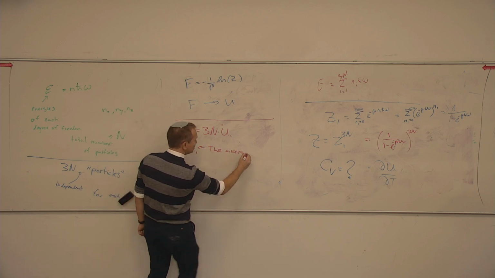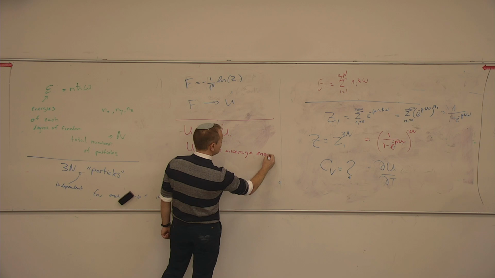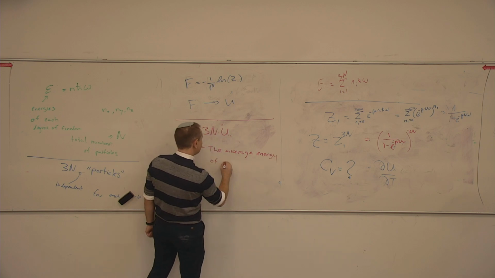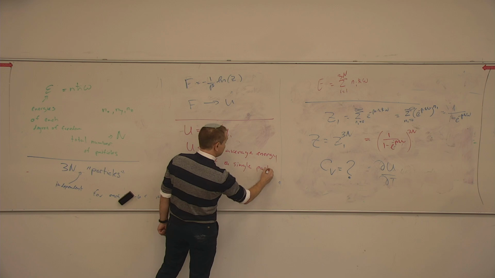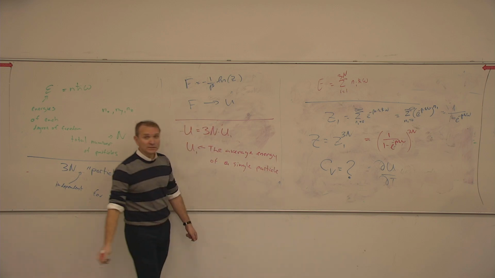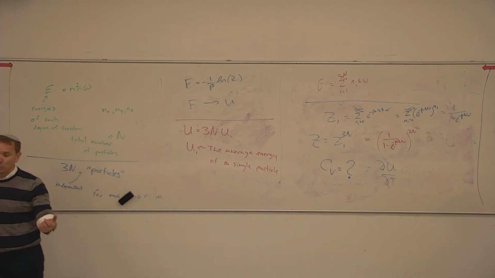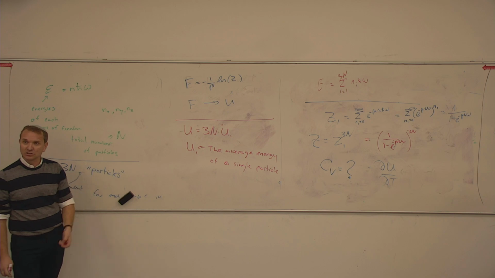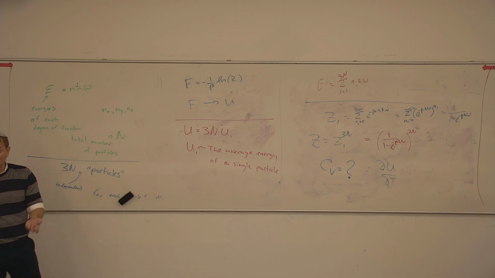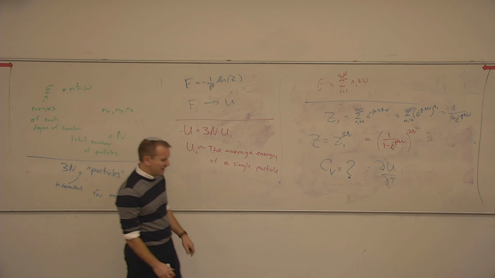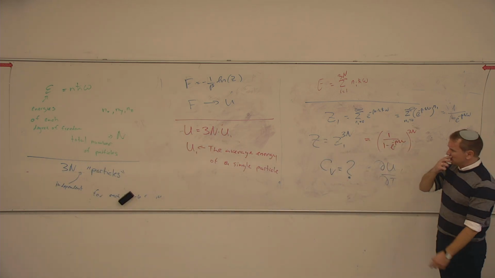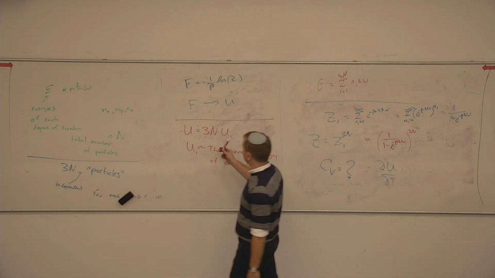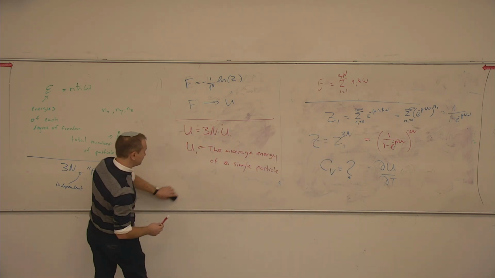The average energy of a single particle. Why? Because they're all independent. I compute the average of one, and then I know the average of any one of them, so I just need to multiply it by 3n. Again, using this trick that the average of a sum is the sum of averages, and that's it. Okay, so how do I compute U1?